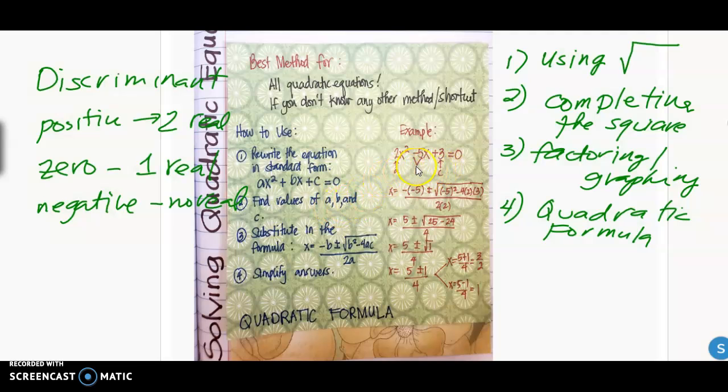And remember, you have to take their signs with it, because those are the numbers that you will substitute in the formula. So the formula is x is equal to opposite of b plus or minus the square root of b squared minus 4ac all over 2a. And once you have substituted the values, you simplify the answers.